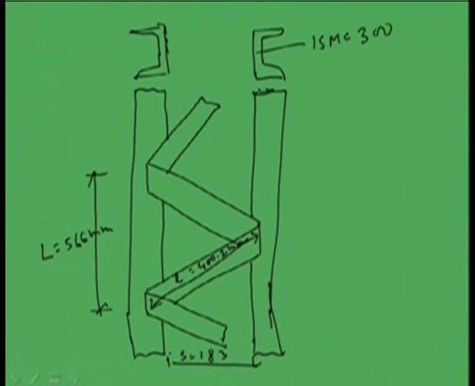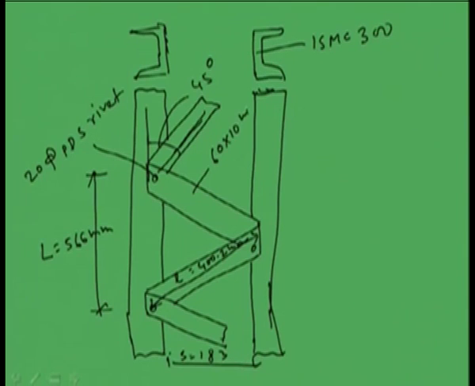Other thing is, one rivet we are going to provide in each joint. This rivet is a 20 mm diameter power driven shop rivet, right, and we have designed considering this angle as 45 degree, and the dimension of this lacing is 60 by 10 mm, right.